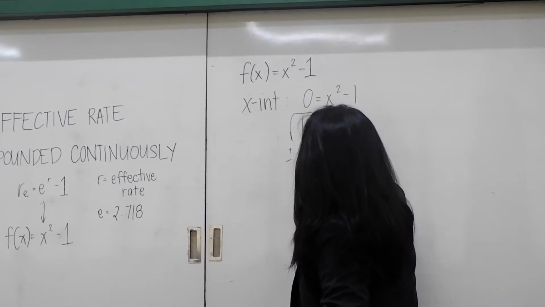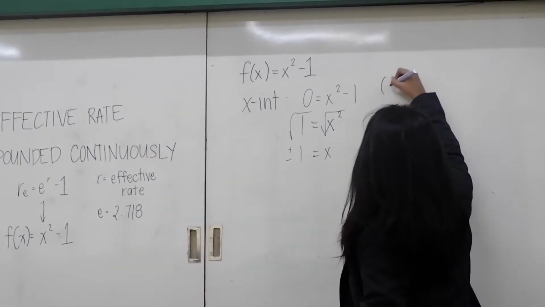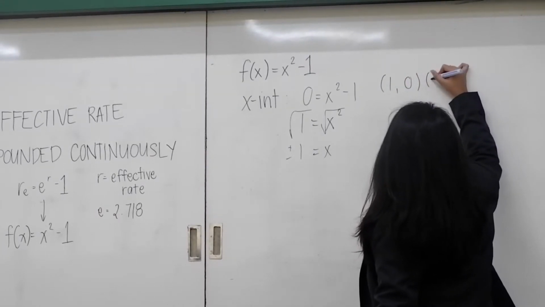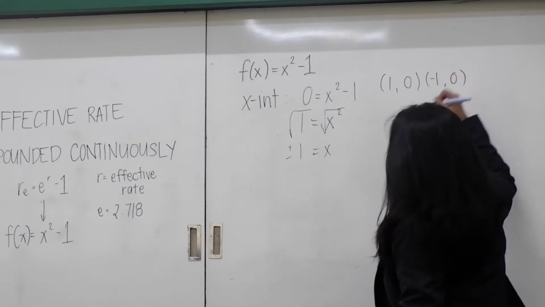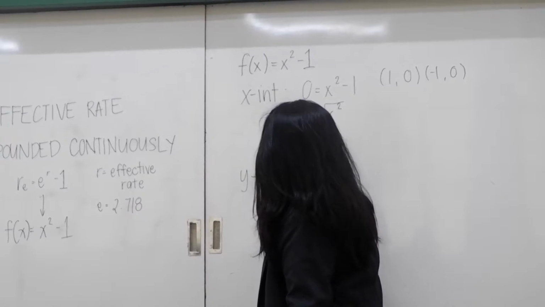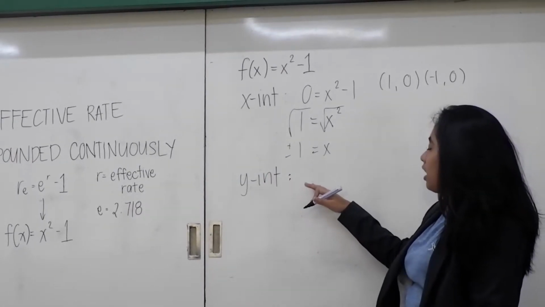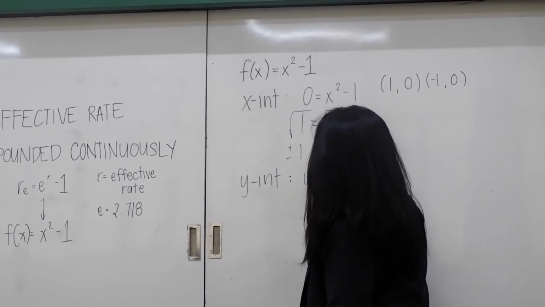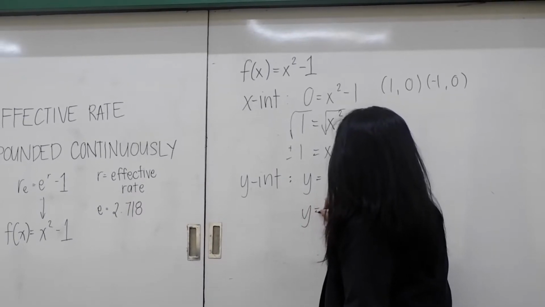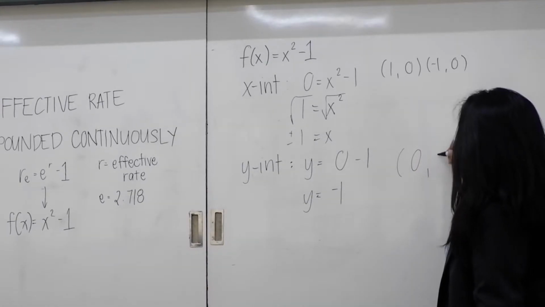So you get plus or minus 1. So the x-intercepts are (1, 0) and (negative 1, 0). Now let's get the y-intercept. To get the y-intercept, we make the x 0. So the y-intercept is (0, negative 1).